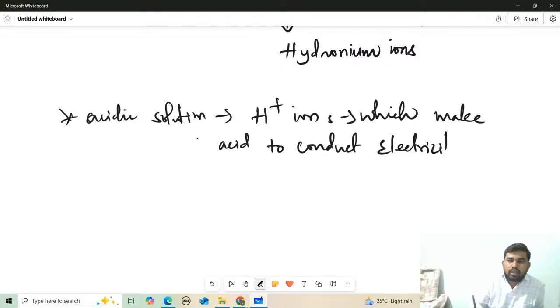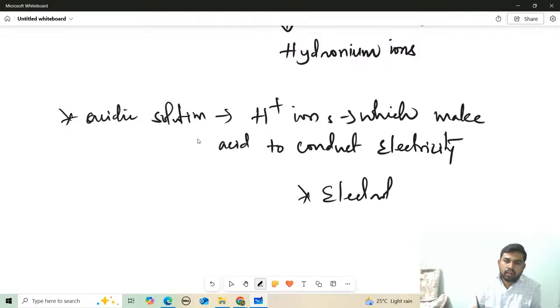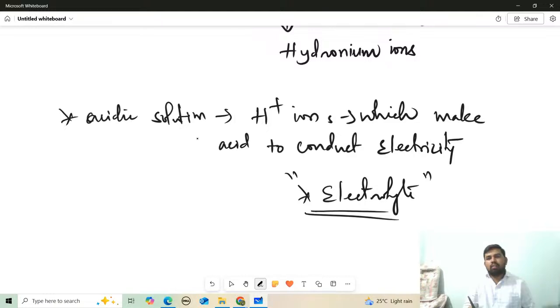We can say electrical conductance. So it acts like an electrolyte. Electrolyte means in solution form it becomes a conductor. Let us discuss this with the activity later.